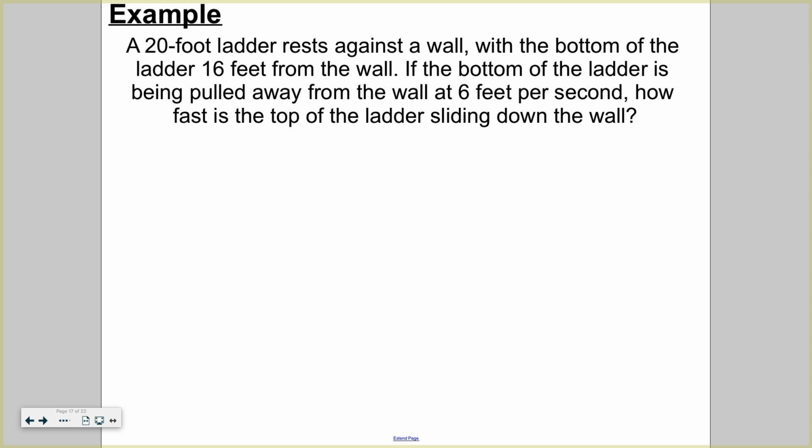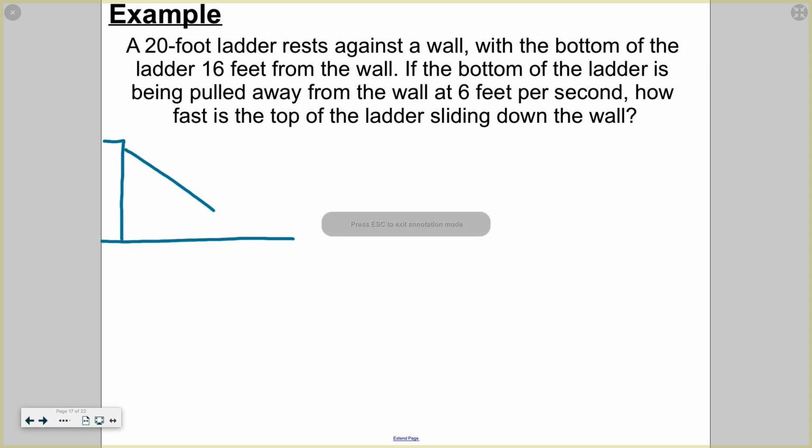Alright, well I guess the first thing we should do here is draw our wall. And then we have a ladder resting up against the wall. We know that the ladder is going to be 20 feet.